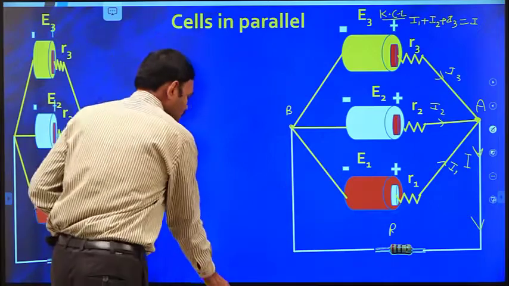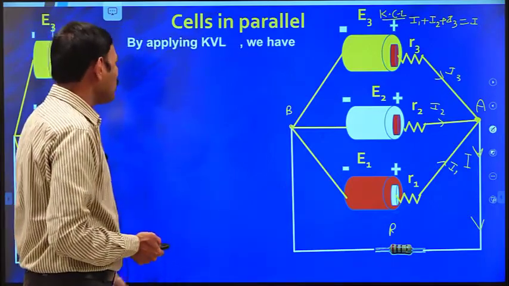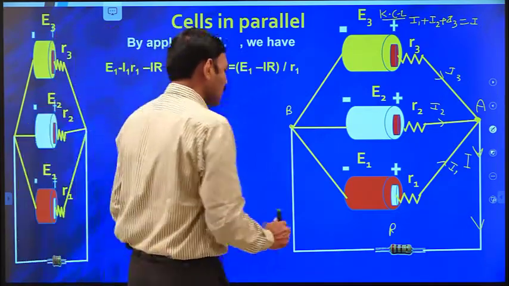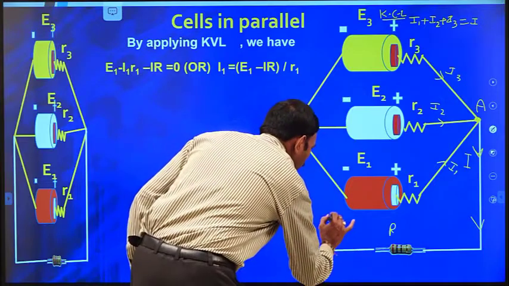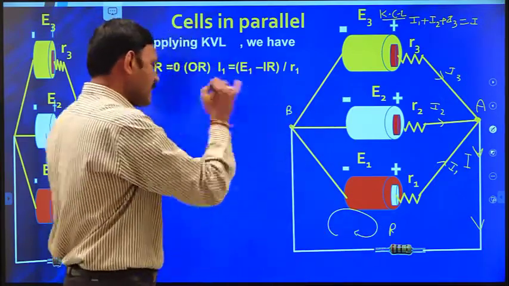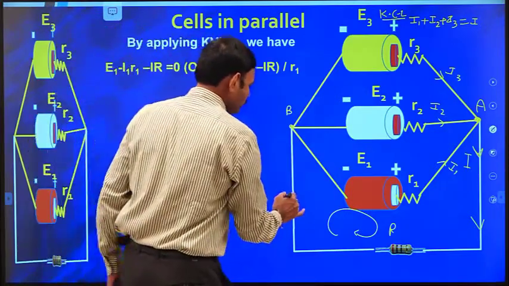So let us move on to apply Kirchhoff's voltage law in every loop. When you apply Kirchhoff's voltage law in the first loop, I hope you can apply it easily, because we discussed it already in series combination. Let us consider the loop.